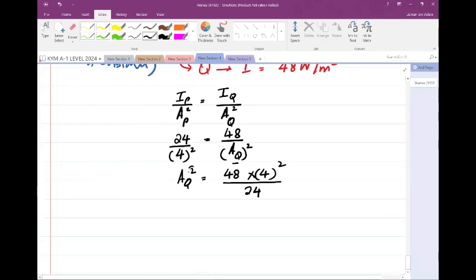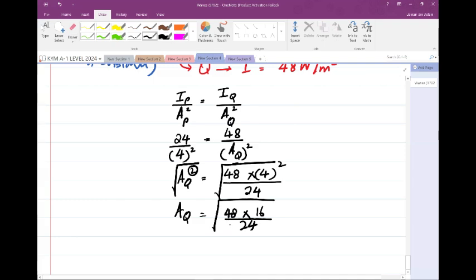Just to remove this square over here, I would have to take the square root on both sides. So AQ comes out to be 48 into 4 square, which is 16, divided by 24, and then raised to a power of a square root. So this is 4 times 4 is 16, 4 times 6 is 24, 6 times 8 is 48.